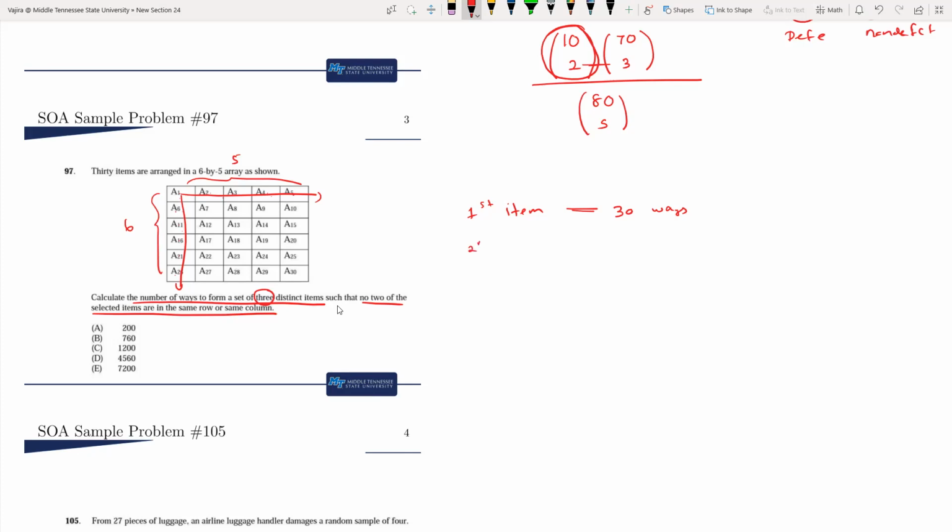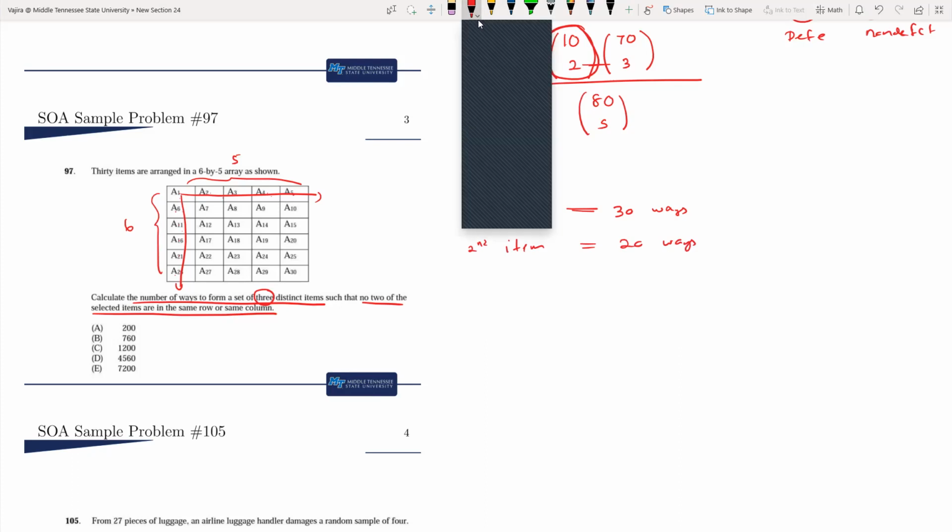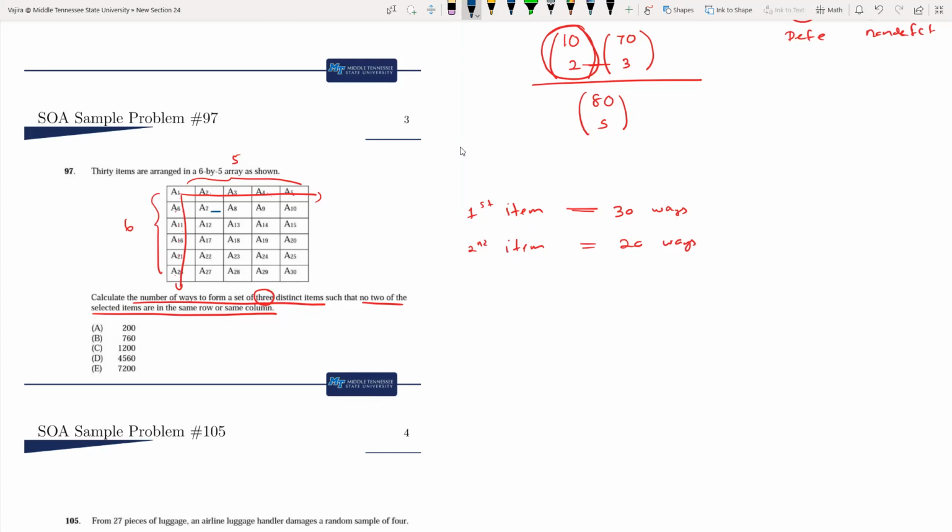For the second item, there are 20 ways. Now if I remove the next one, then you can see how many are left for me to choose. Now I have 1, 2, 3, 4, 5, 6, 7, 8, 9, 10, 11, 12.